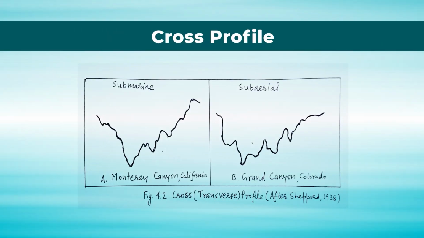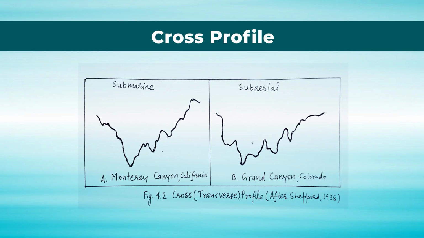To understand this landform, scholars normally use in geomorphology 2 types of profiles: cross profile and longitudinal profile. Cross profile, I hope all of you understand. Cross profile is when we cross a particular section.